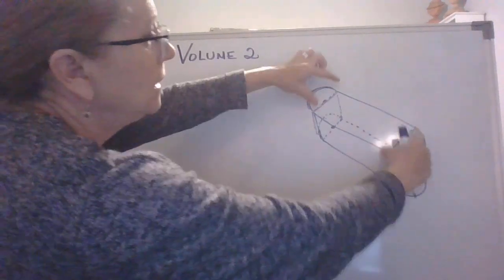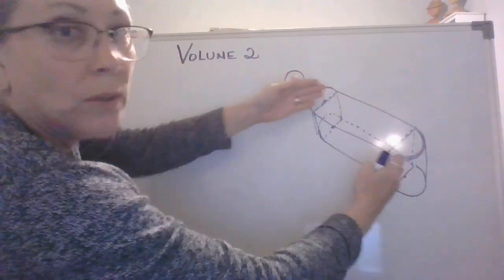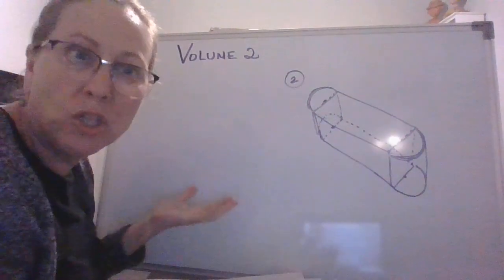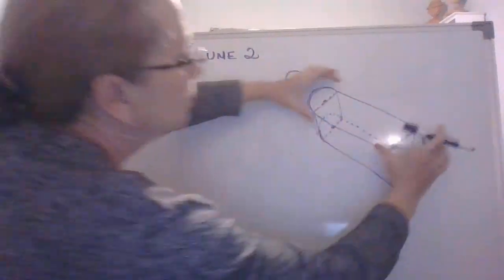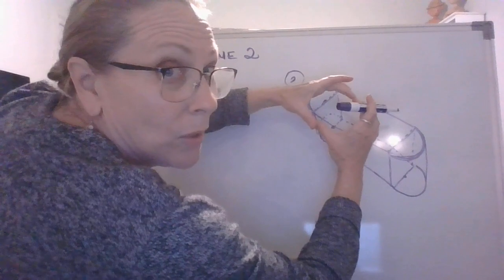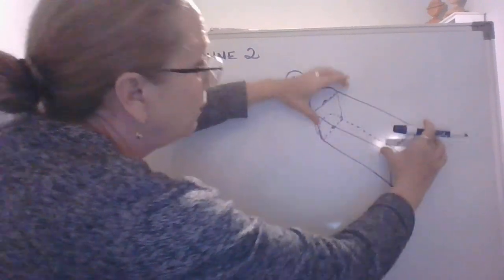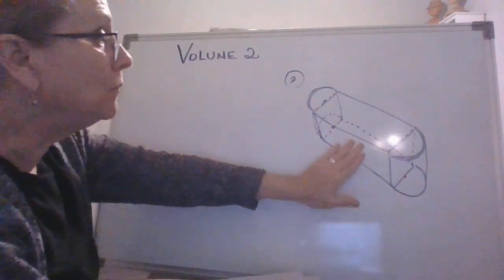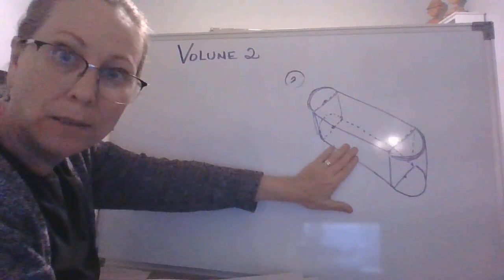Okay. Now those continue downward. So if I took the middle section out, which is just a box, and I took those 2 half circles and I put them together, I'd actually get a full circle or a full cylinder. And the middle is just a rectangular box.